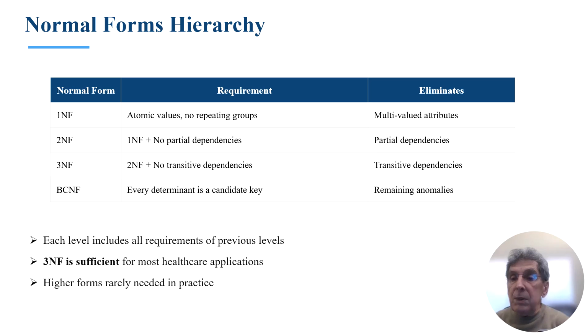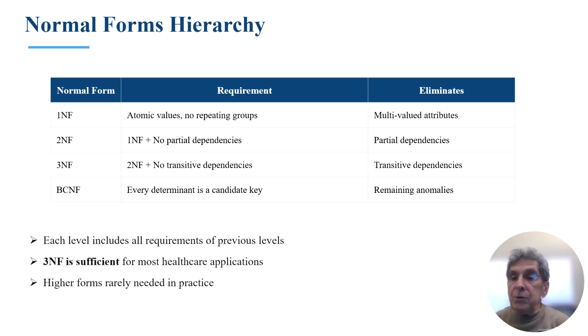Second normal form builds on first normal form by requiring that there are no partial dependencies. Every non-key attribute must depend on the entire primary key, not just part of it. This matters when you have composite keys, keys that are made of multiple columns. Second normal form eliminates partial dependencies.